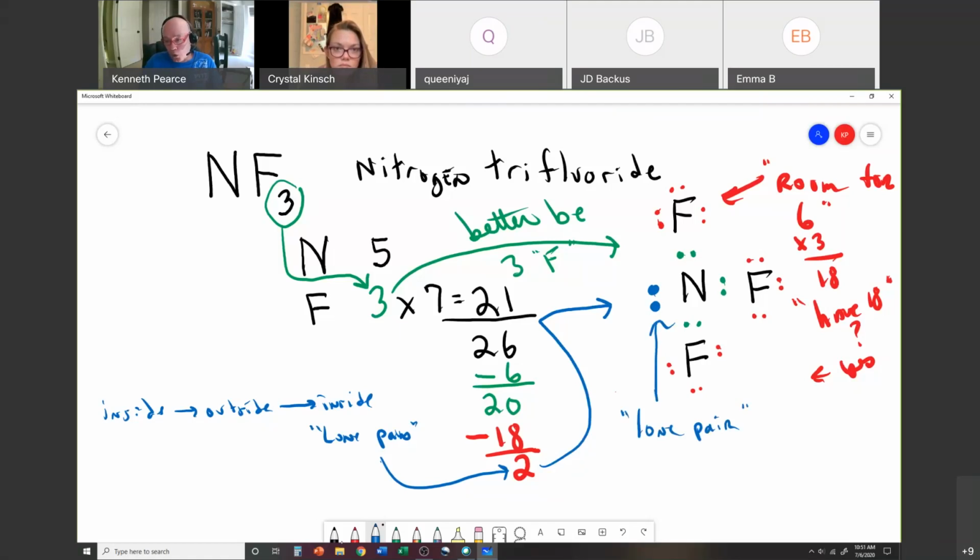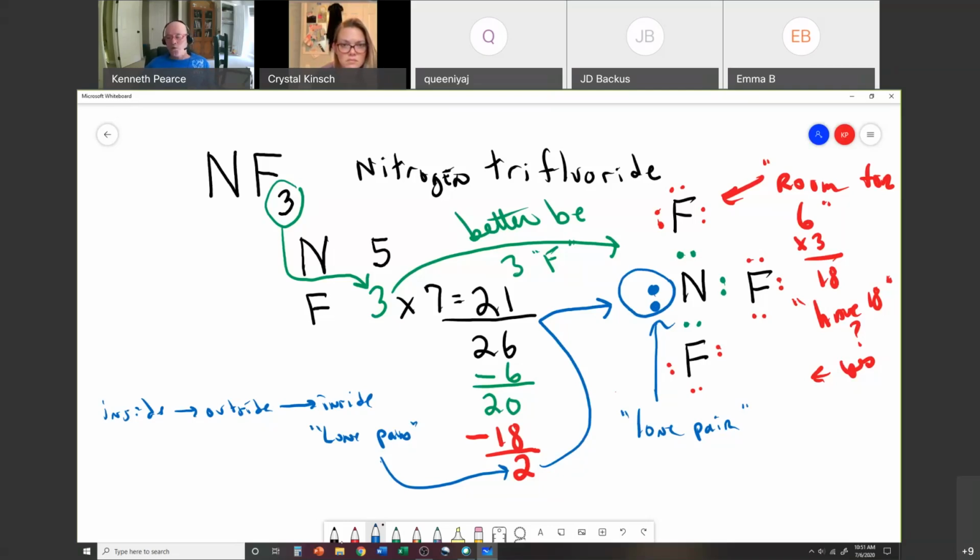Now, what I like for y'all to do to emphasize that they exist and that they take up space is we're going to circle these guys. We're going to circle them, the lone pair. Now, I do that for two reasons. The reason why I circle lone pairs is first off, it's my habit. Like I said, sometimes it depends on where you learned chemistry and what part of the country and what part of the world.